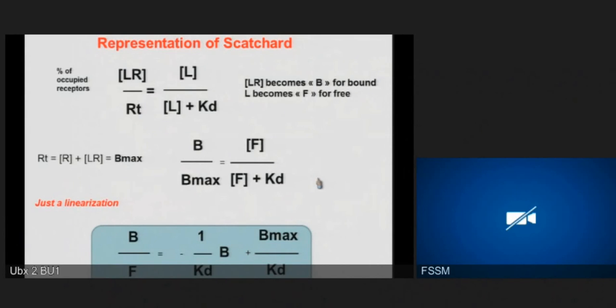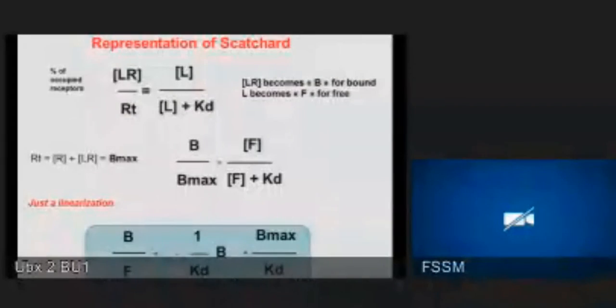So this is stupid because, by the way, this is not the kind of parameter you are thinking of. But at the end, you have a straight line where minus 1 over KD is the slope.